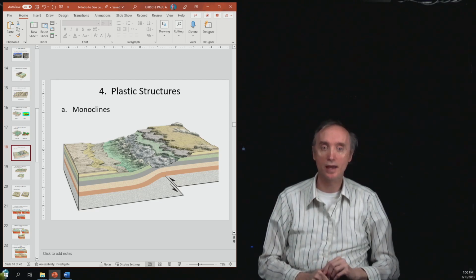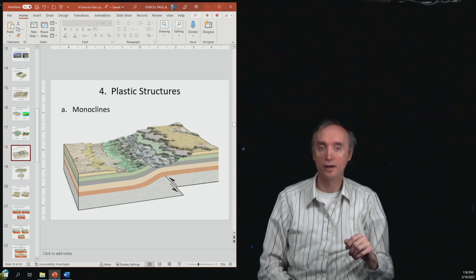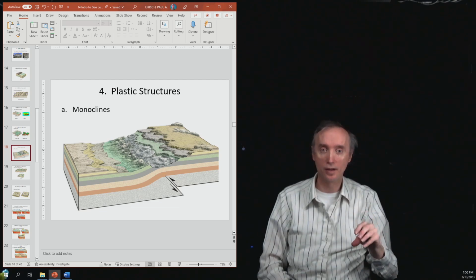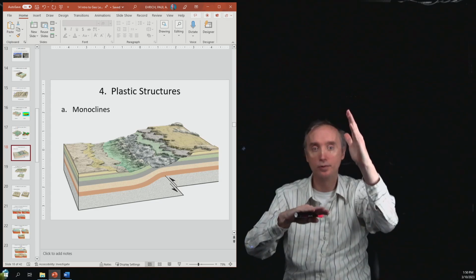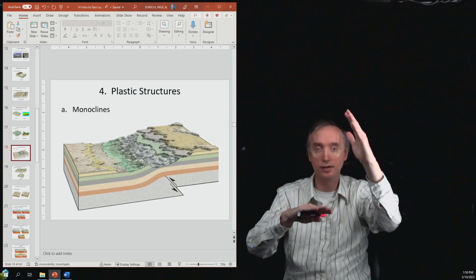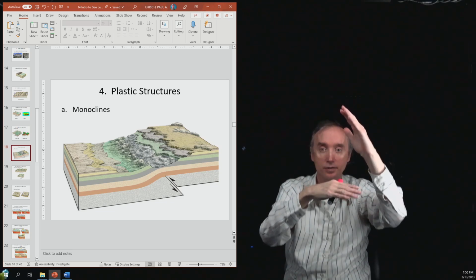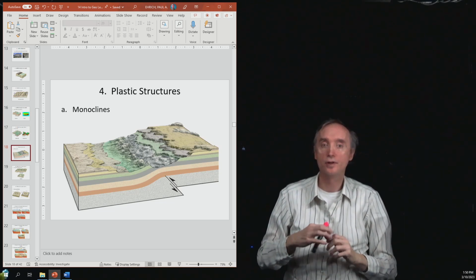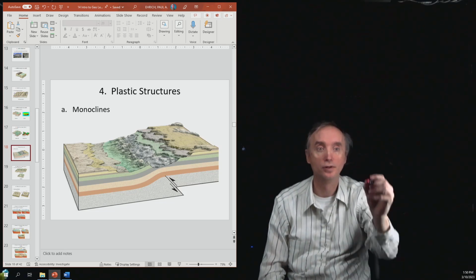This is going to be a monocline. You notice what caused the monocline was a fault line underneath the ground. It pushed up part of the ground on one side, and then it dropped down the rocks on the other side. So it's easy to see a monocline from the side view.